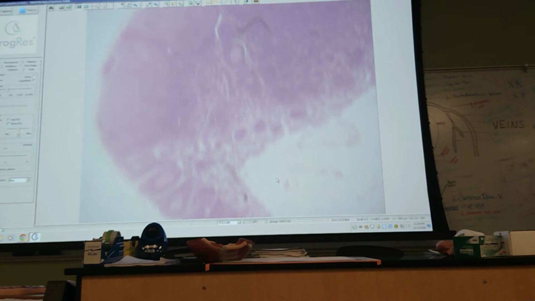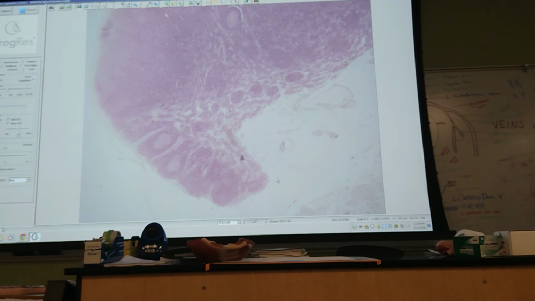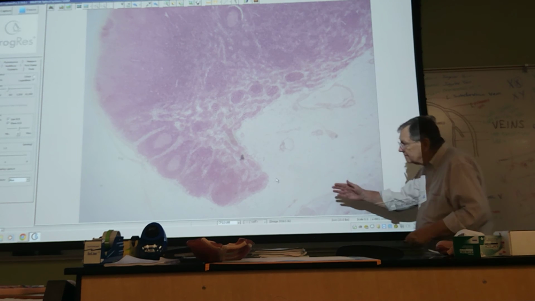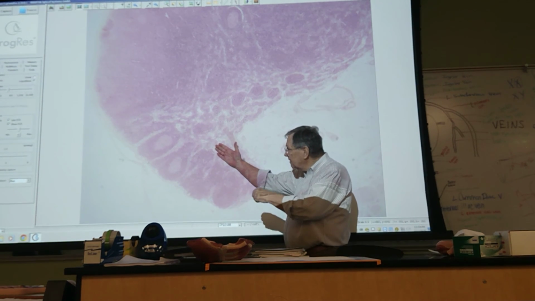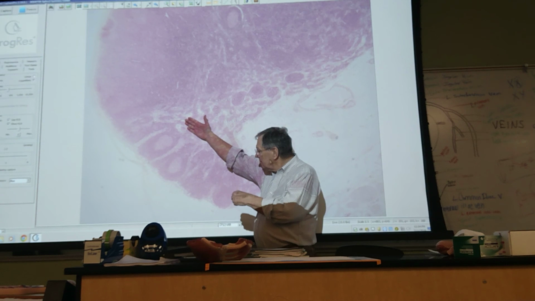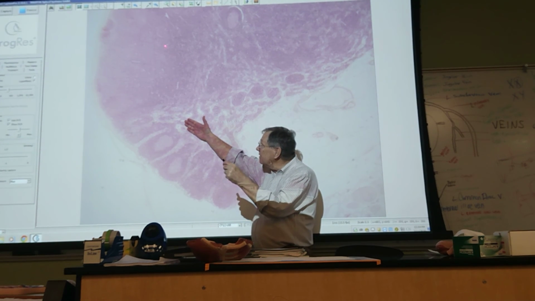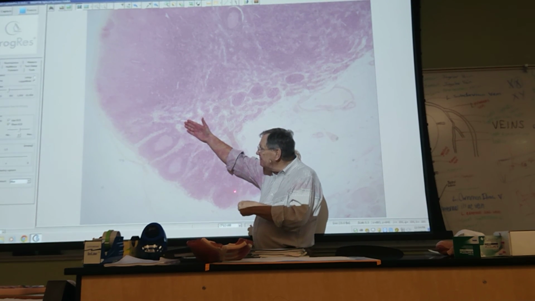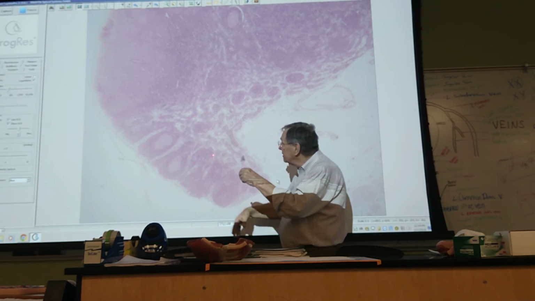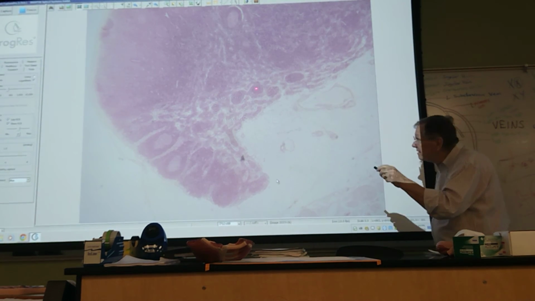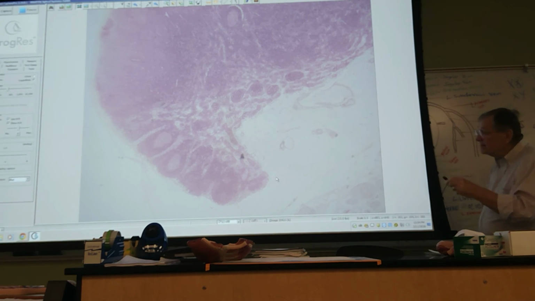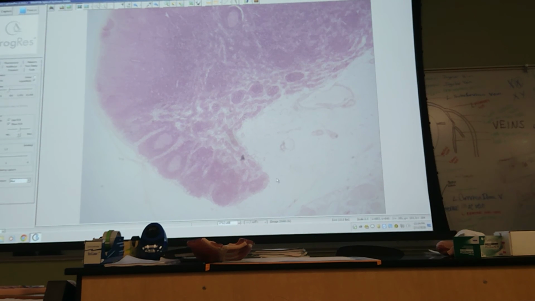Over here shows you that better. Okay? Cortex darker, dense stain. Medulla less dense, lighter stain. So this whole part up there, darker stain. This is cortex. This lighter area, that space is in it. This is medulla here. Okay?